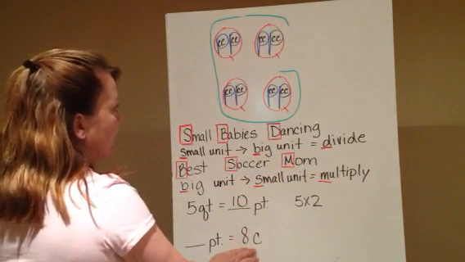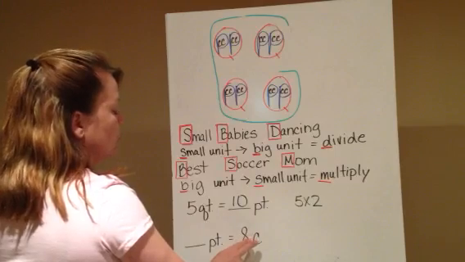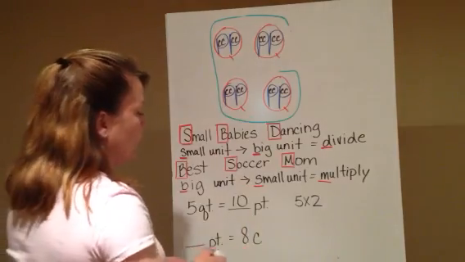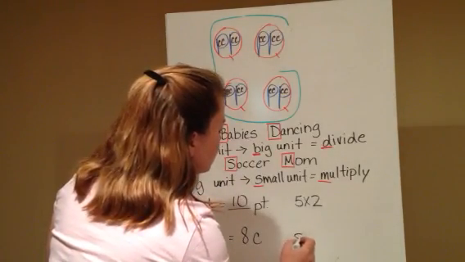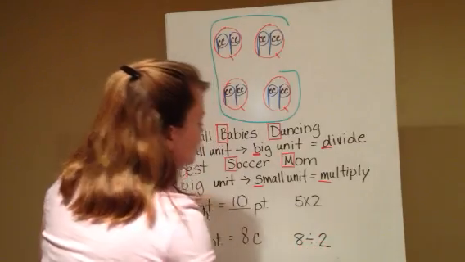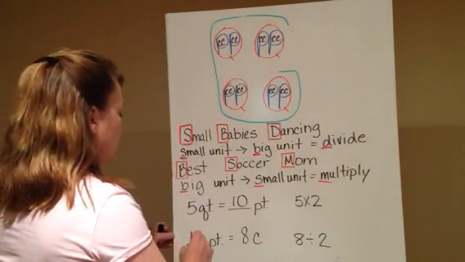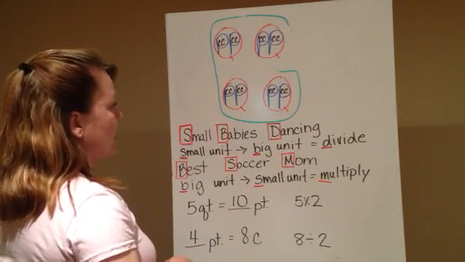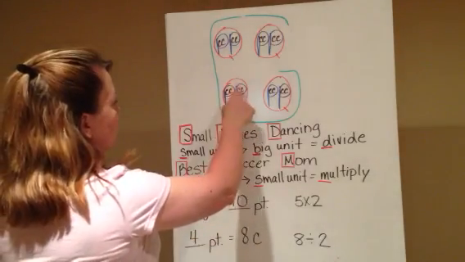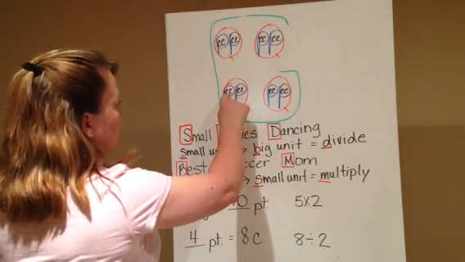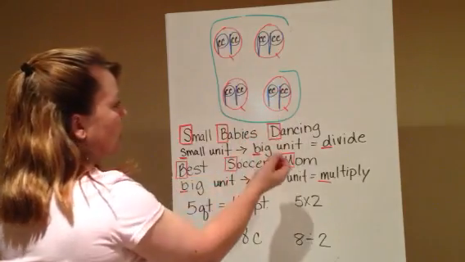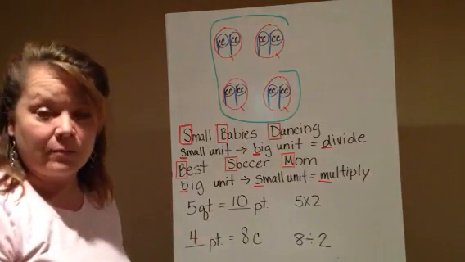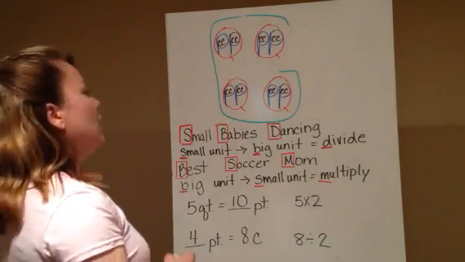So when I think about cups and pints, there's 2 cups in 1 pint. So I want to divide 8 divided by 2. So that means there's going to be 4 pints is equal to 8 cups. And if I look at my letters here, I have 2, 4, 6, 8 cups there, and there's 2, 4 pints. So I can kind of check myself to make sure I did it correctly.